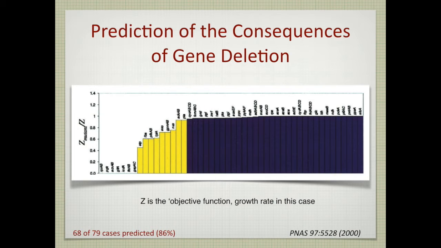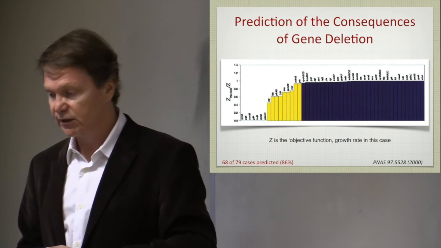And those predictions also proved to be quite accurate. And then there are the blue ones where the gene is completely redundant because essentially the same growth rate can be achieved without that gene. So there are three categories of predictions here. Redundant genes, genes that actually will show a phenotype, and then genes that will show the lethal phenotype. So many such studies have appeared since this paper came out.